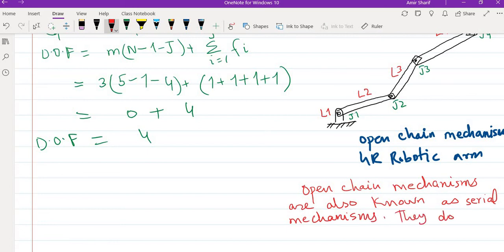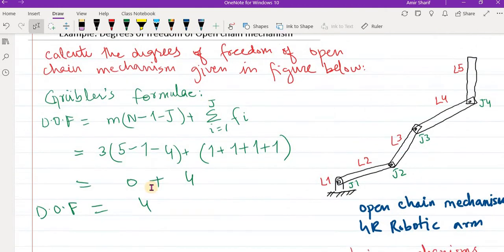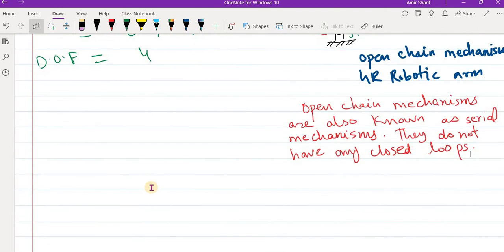They do not have any closed loops. So this is an example of an open chain mechanism, and that's how we can calculate its degrees of freedom.